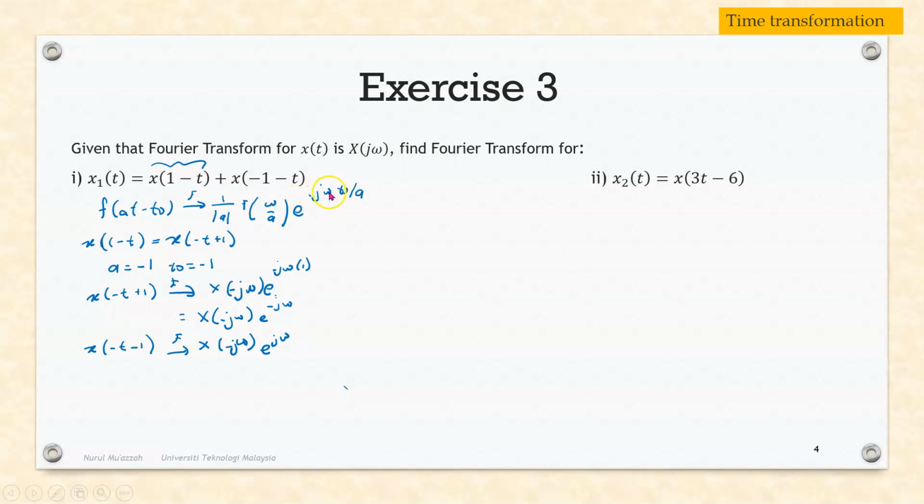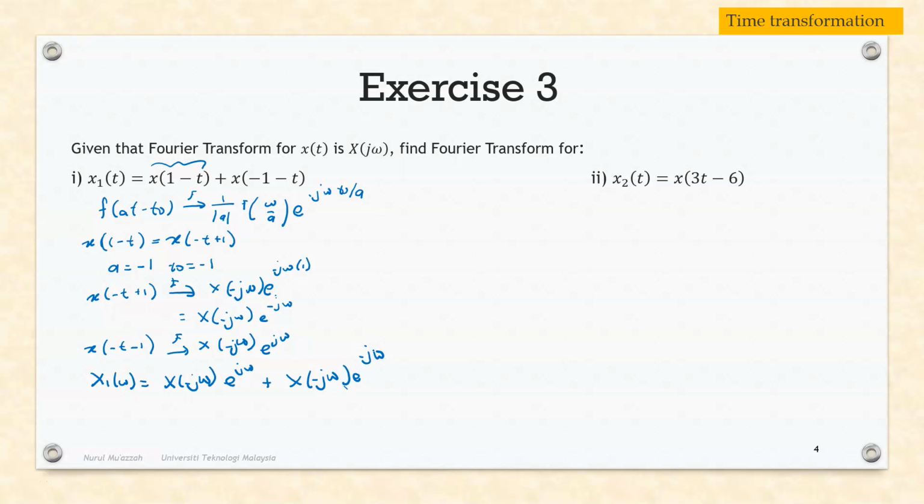The formula is negative jω multiplied by t0, where t0 is 1, divided by a, which is negative 1. The division by negative 1 makes it exponent jω. So X1(ω) is the summation of this part and this part: X(-jω) multiplied by exponent jω plus X(-jω) exponent negative jω.